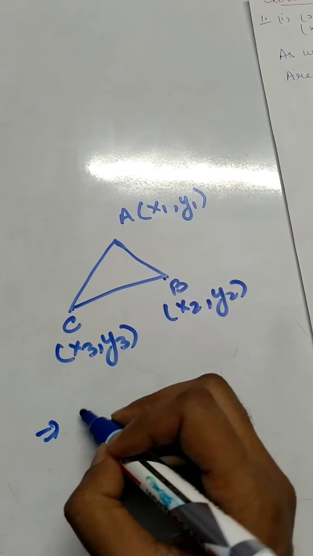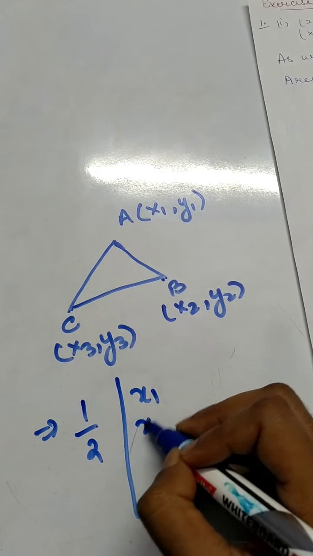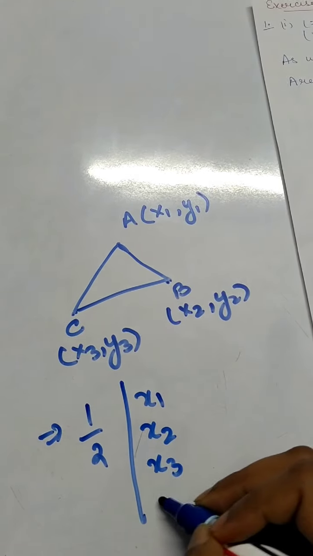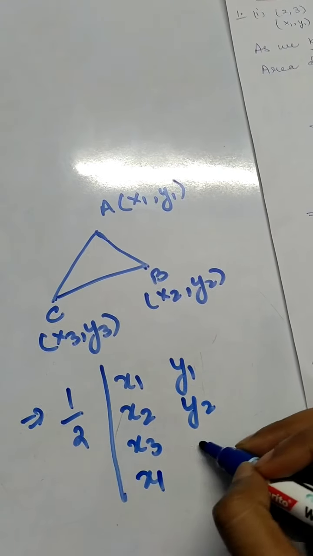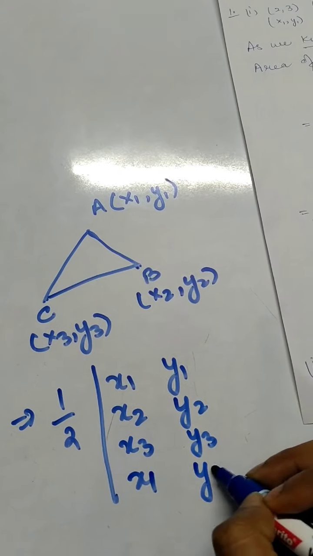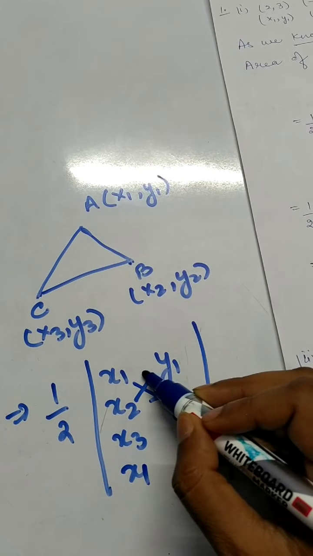So the formula is quite long, so we have used this trick, that is 1 2 3 1, and for y it is again 1 2 3 1. We just have to cross multiply it.